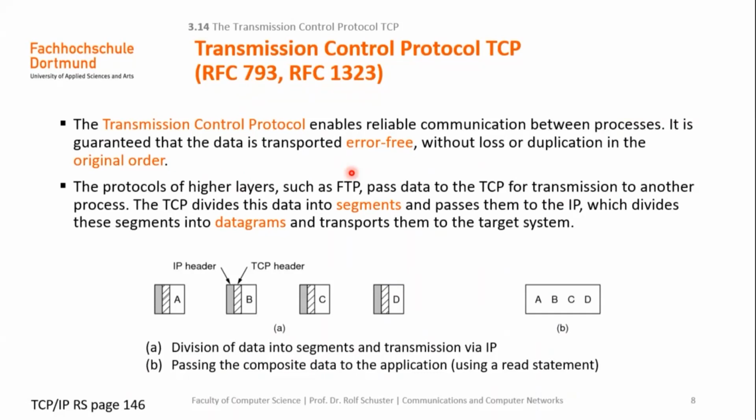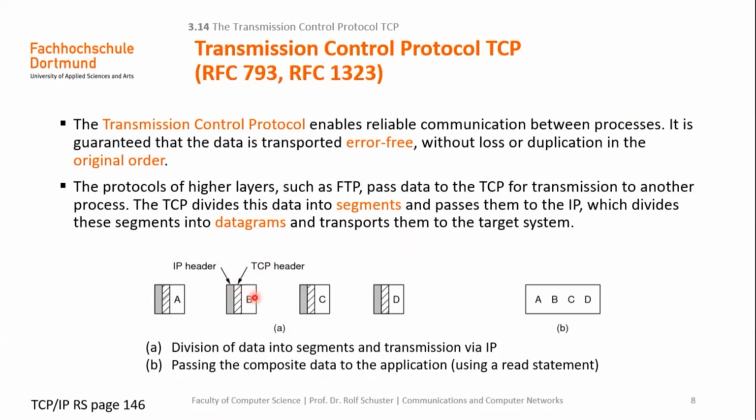TCP divides this data into segments and passes them to IP, which divides these segments into datagrams and transports them to the target system. Here we have the illustration of the different segments. TCP segments is the name of the PDUs of TCP. The protocol data units of TCP are called segments.